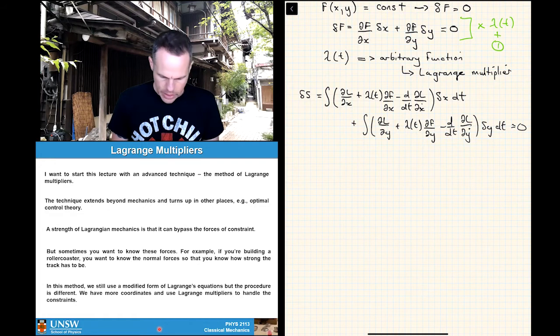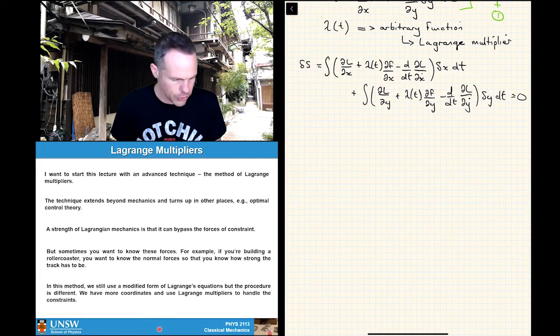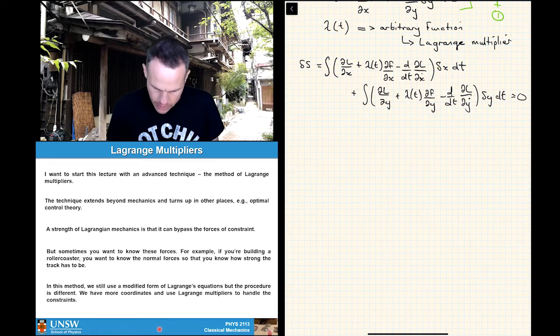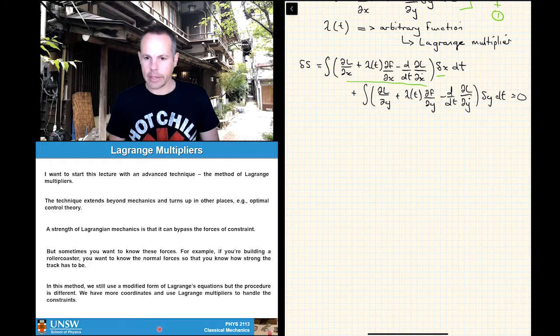What we can do in here is basically arrange for the coefficient for dx here in this first integral. Let me just change color again. So this is like a coefficient for delta x in here, okay?